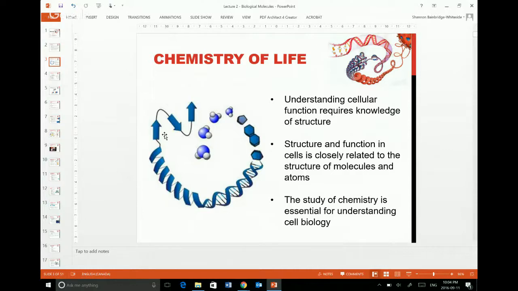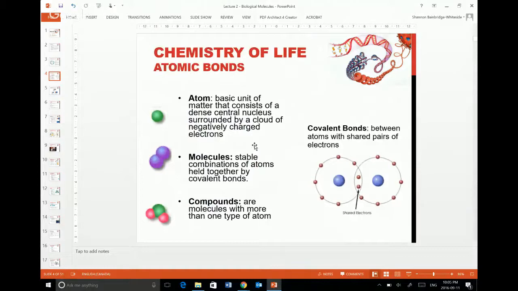And ultimately, you get a lot of the really complex functioning that you see in a cell. So understanding the chemistry of how these things actually come together is really critical to understand how a cell is going to function. So this should be 100% review.